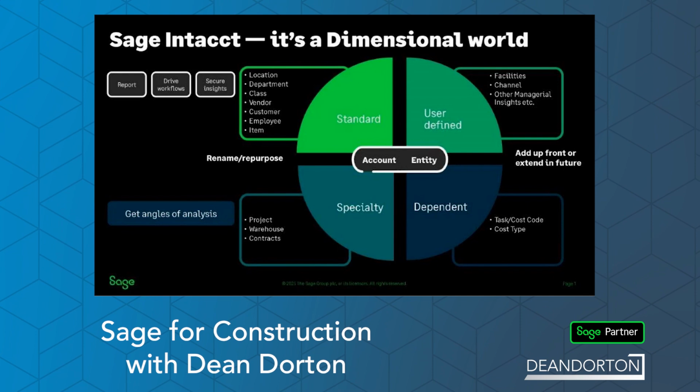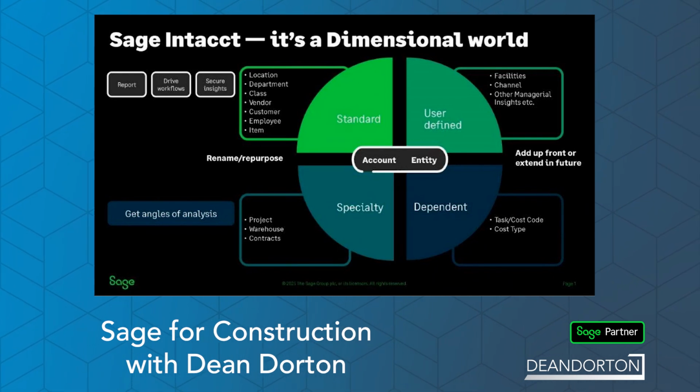And what that means is these dimensions are like little buckets, if you will. So right out of the box, we have a number of standard dimensions like our location, department, class, vendor, customer, employee, and item. And we'll be able to really slice and dice using these dimensions. And if those dimensions aren't enough, we do have some user-defined dimensions that we can enable.